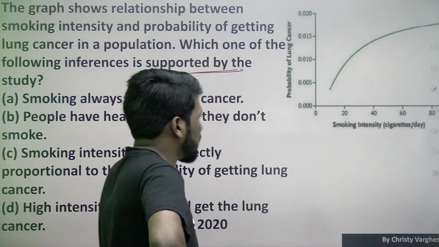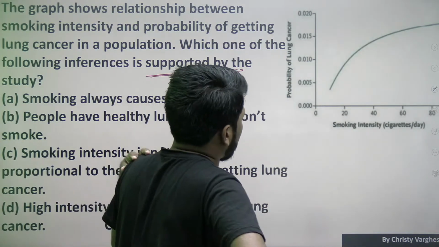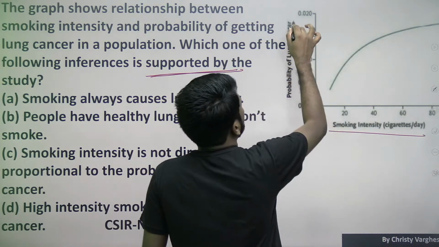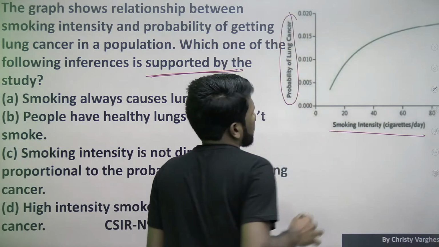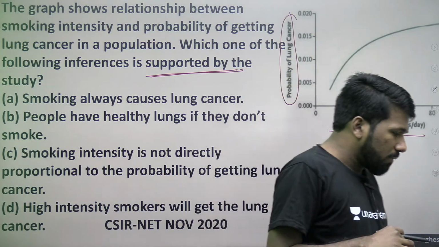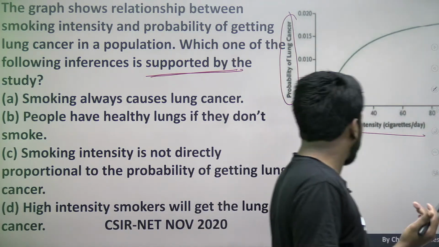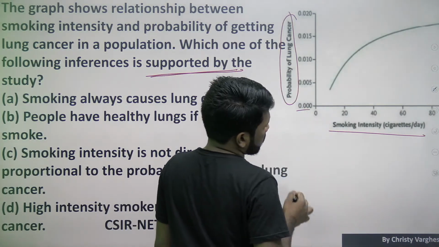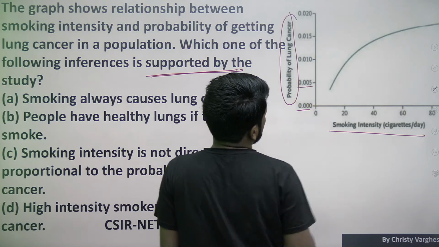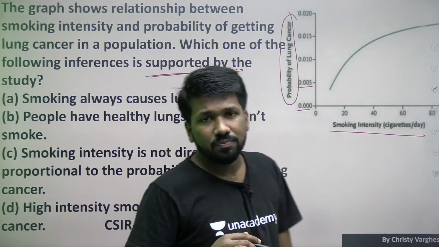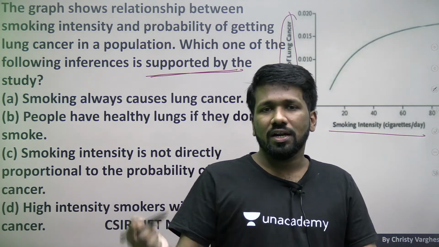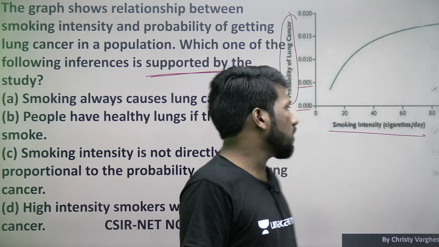So let us understand this graph properly. Smoking intensity x-axis में है, probability of lung cancer y-axis में है. Probability को easily understand करने के लिए percentage में convert किया तो easy होगा. 0.000 means 0%. 0.005 means 0.005 into 100%, that is 0.5%.